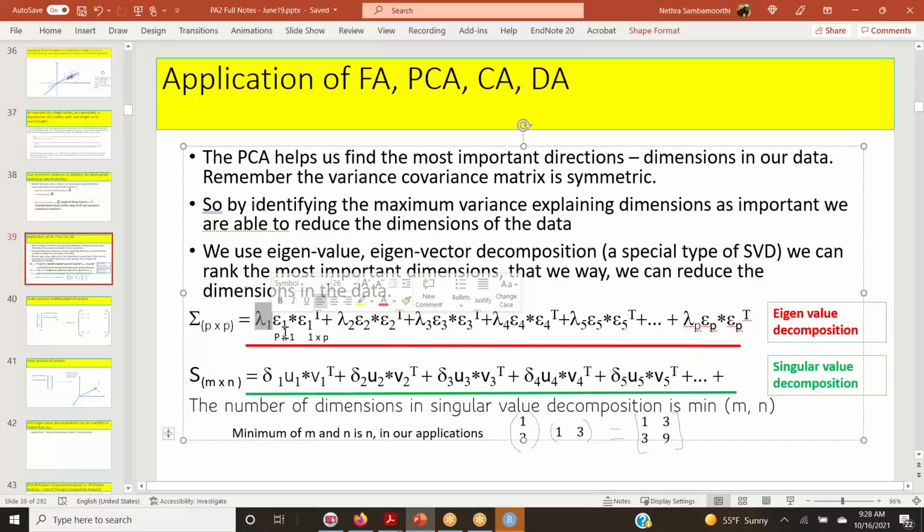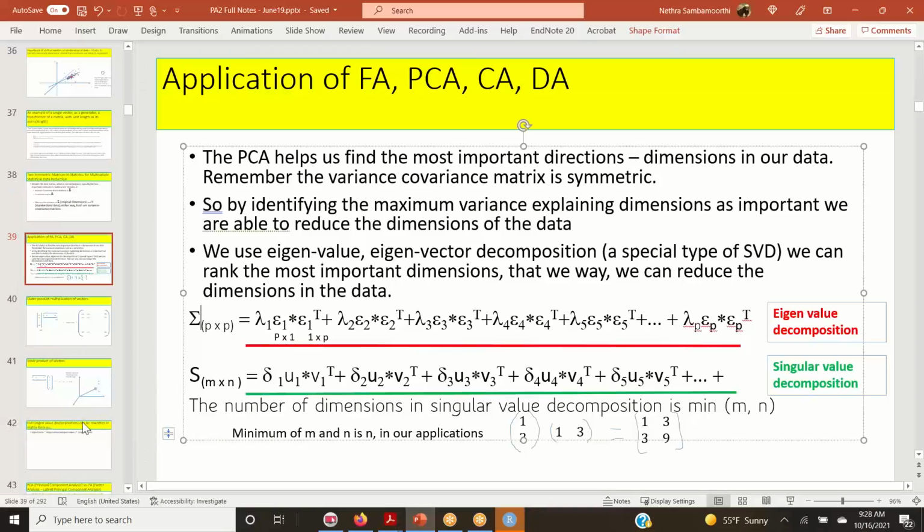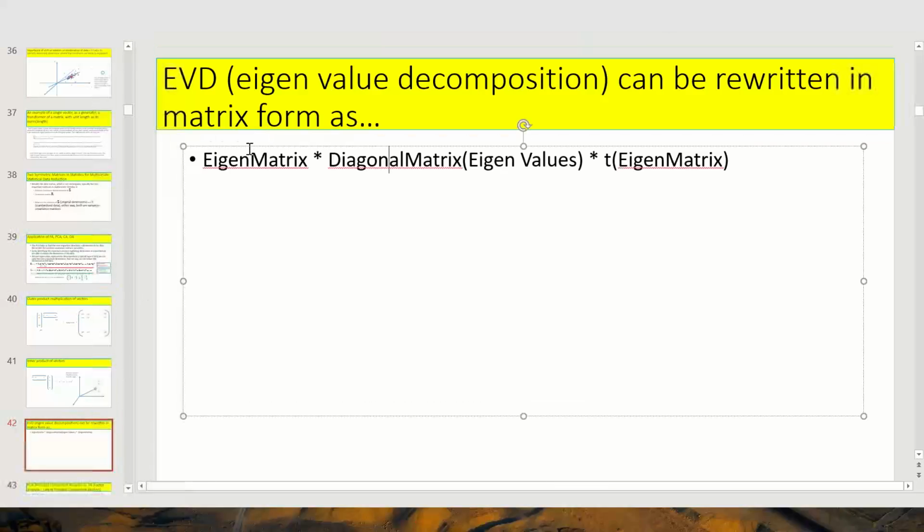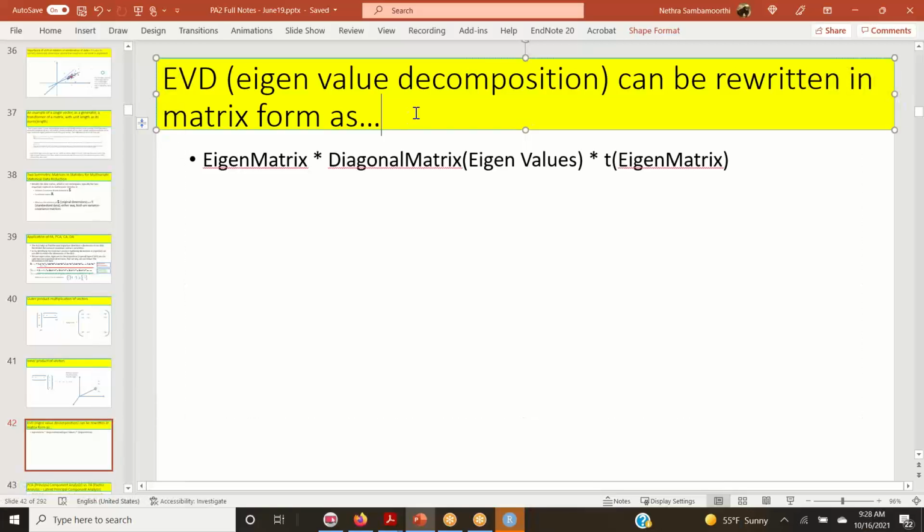We say space because it could be 2 dimensions, it could be 200 dimensions. So just as a common word, it is space. So this is one way of decomposing it. The other way is in matrix form. This is the second version. Do you understand? Yesterday we touched on this, isn't it? The second way of writing the decomposition.